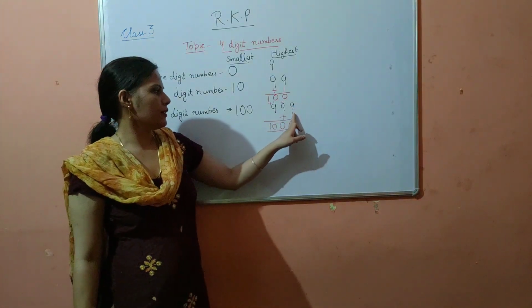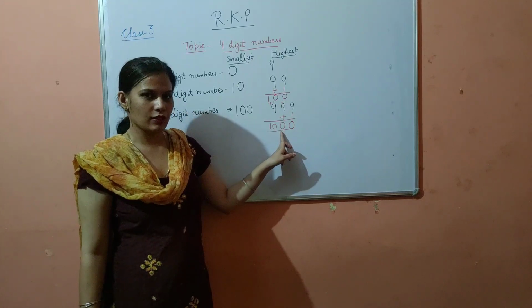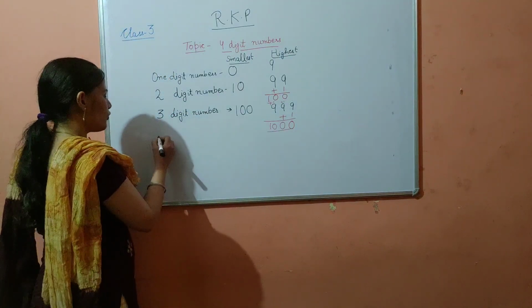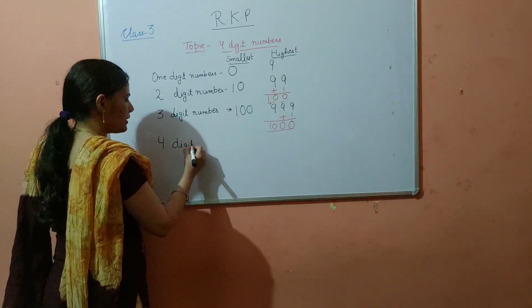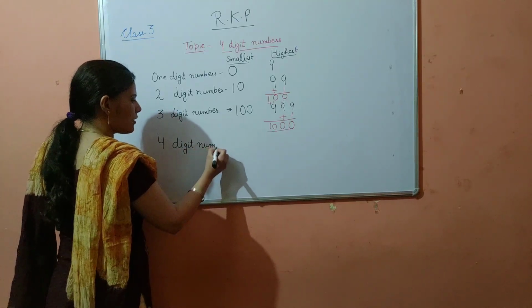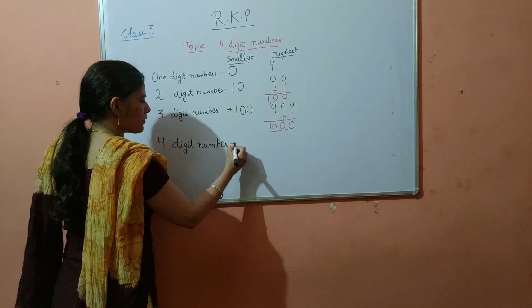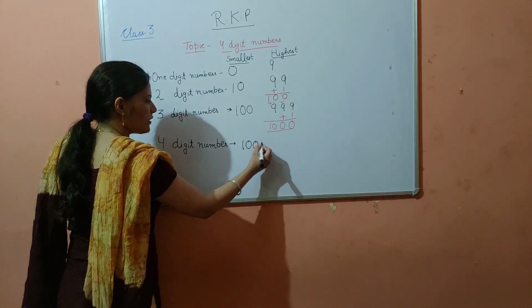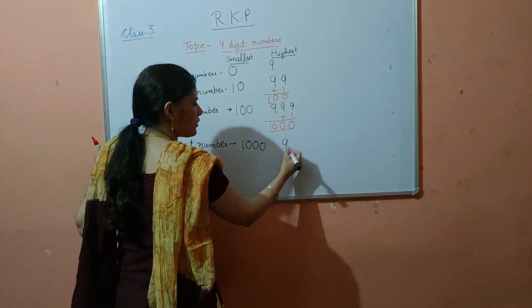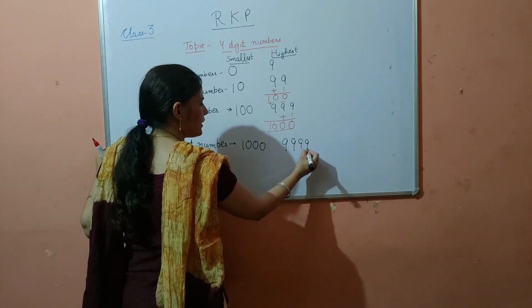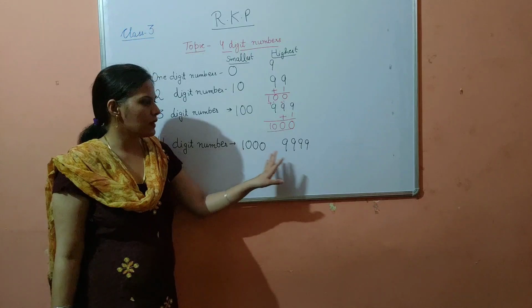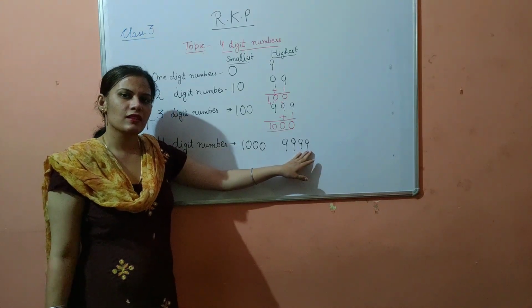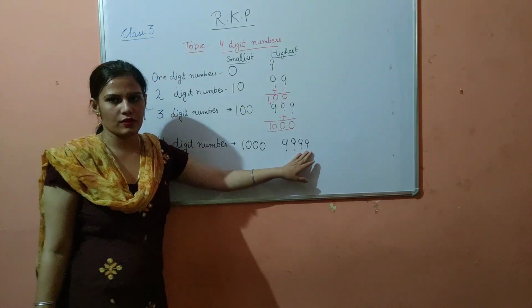When you add 1 to 999, we get 1000, the smallest 4-digit number. And where does it end? 9999, the highest 4-digit number.